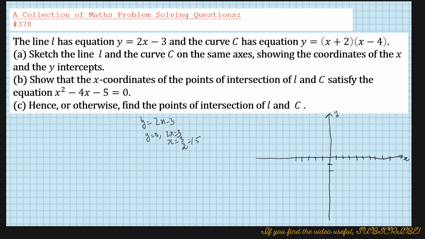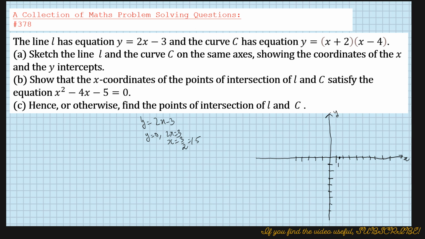So if each of these was 1, this would be 1.5. This is 1 and this is 2, so 1.5 would be here.